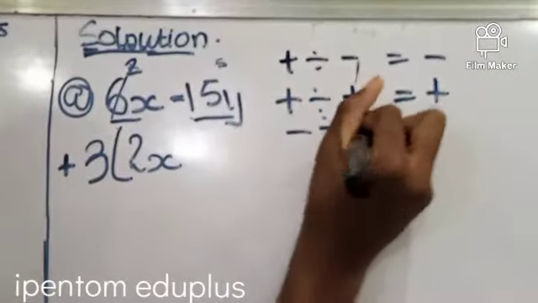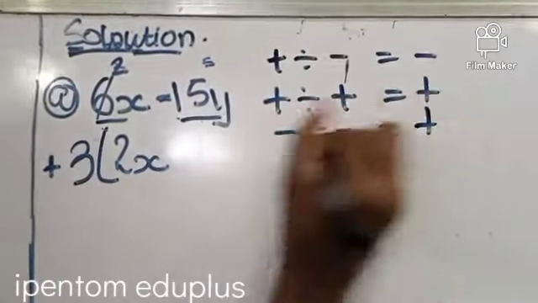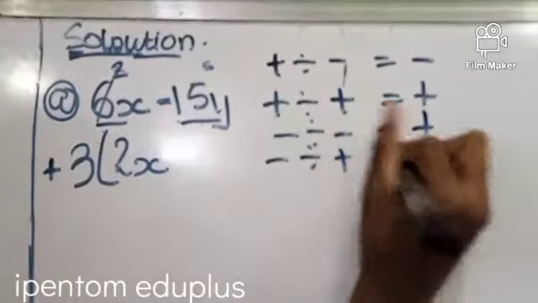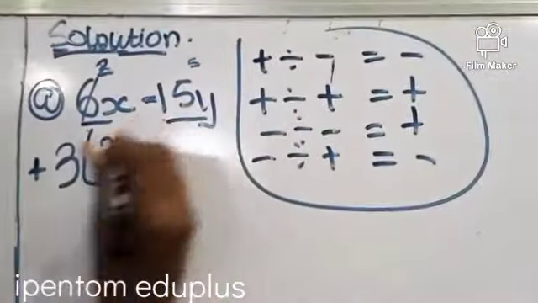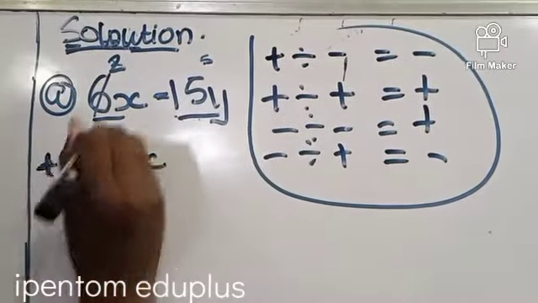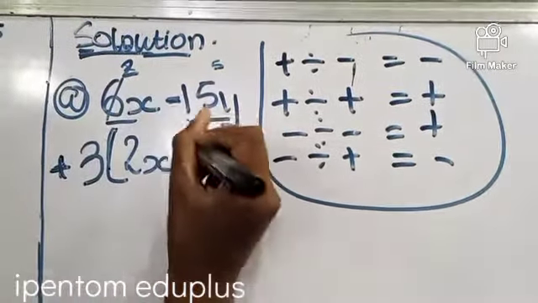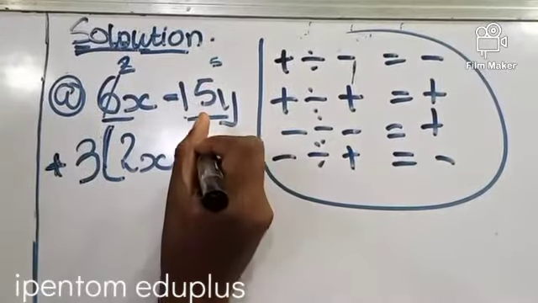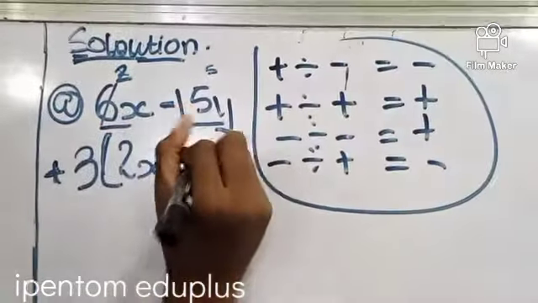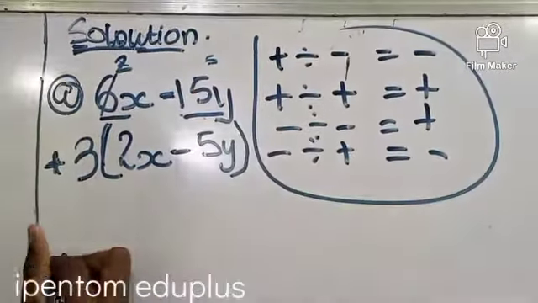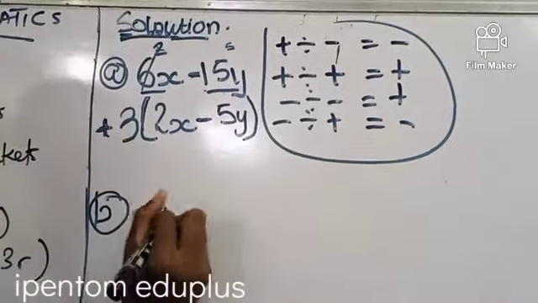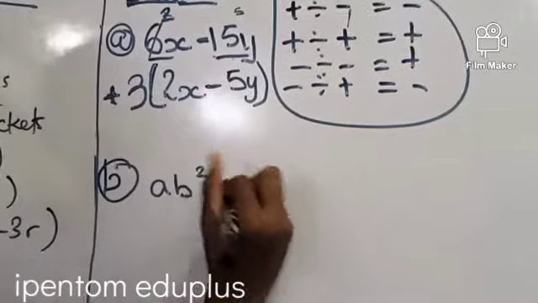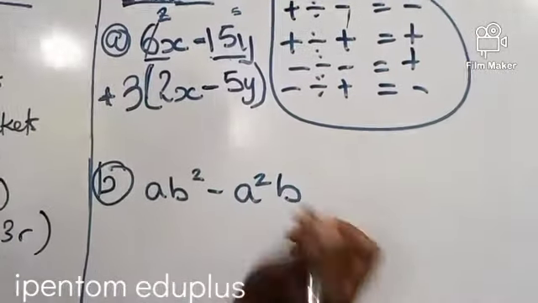Minus divided by minus is equal to plus, and minus divided by plus is equal to minus. So the answer will be 3 open bracket 2x minus 5y. Very good.